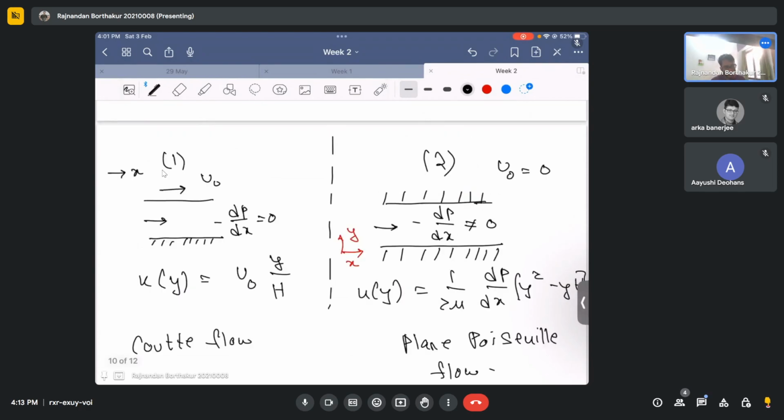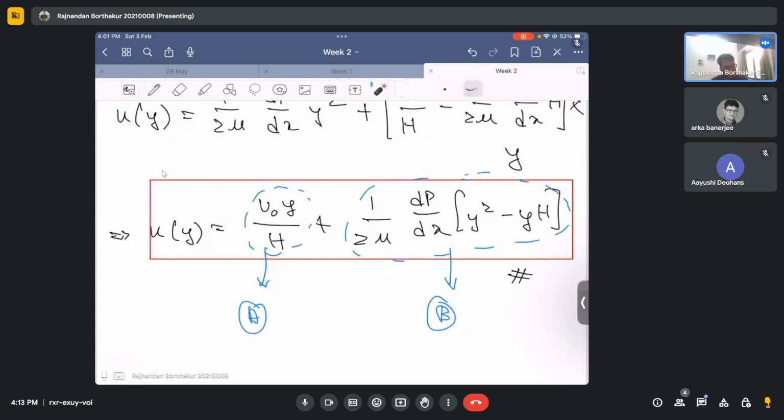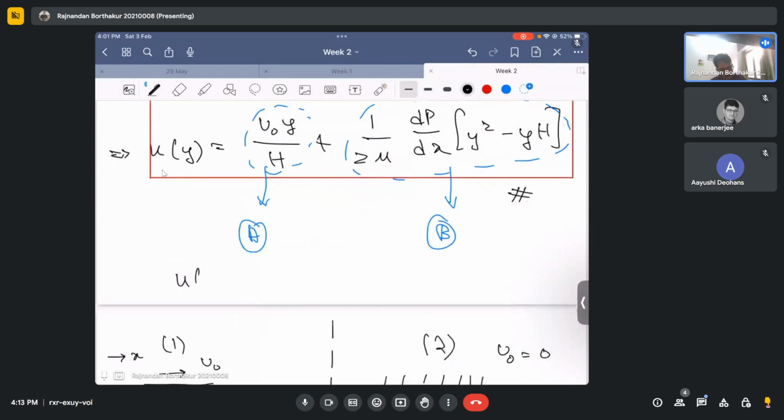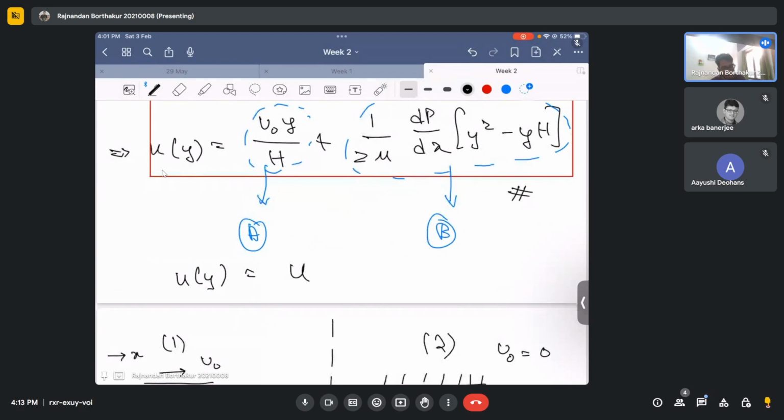Did you see that the answer that we got here is basically a linear superposition of the answer for the Couette flow problem and the plane Poiseuille flow problem? Which means I can write that u as a function of y is the solution for the Couette flow plus u of the plane Poiseuille flow.